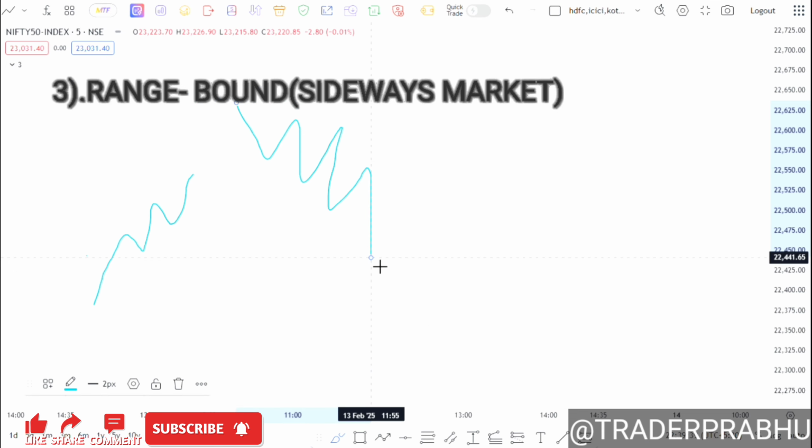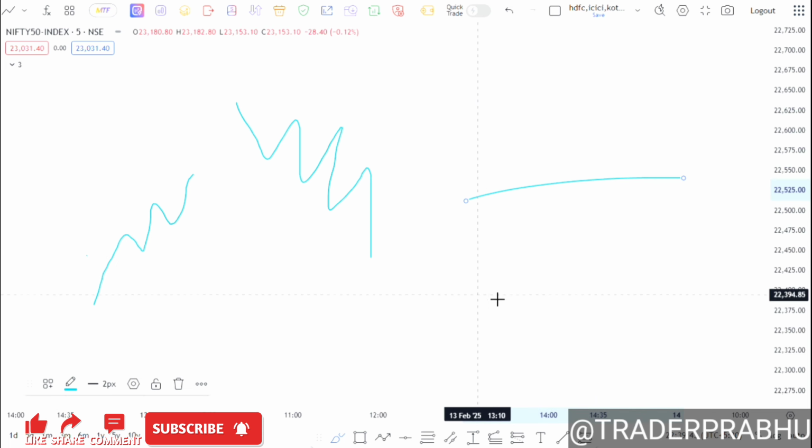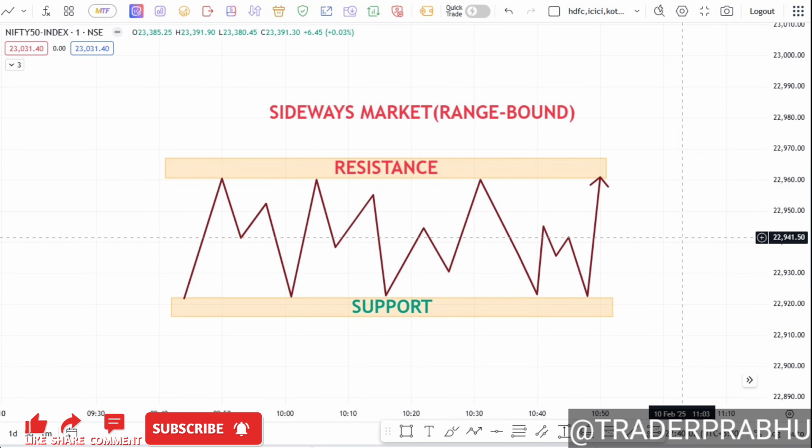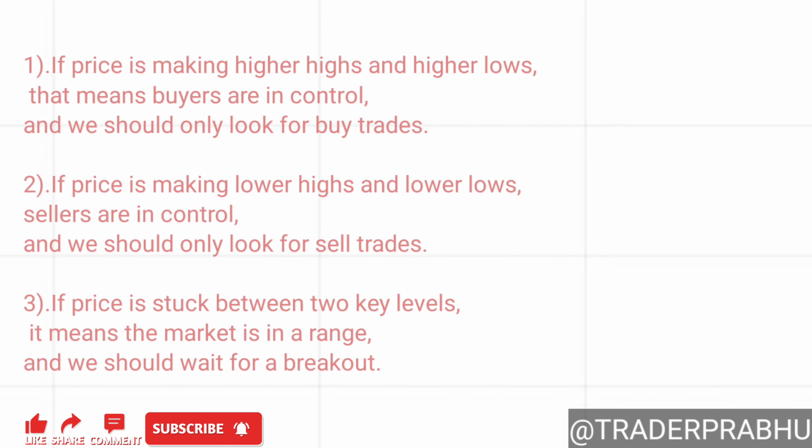Range bound means sideways market. Price moves between support and resistance without a clear trend.